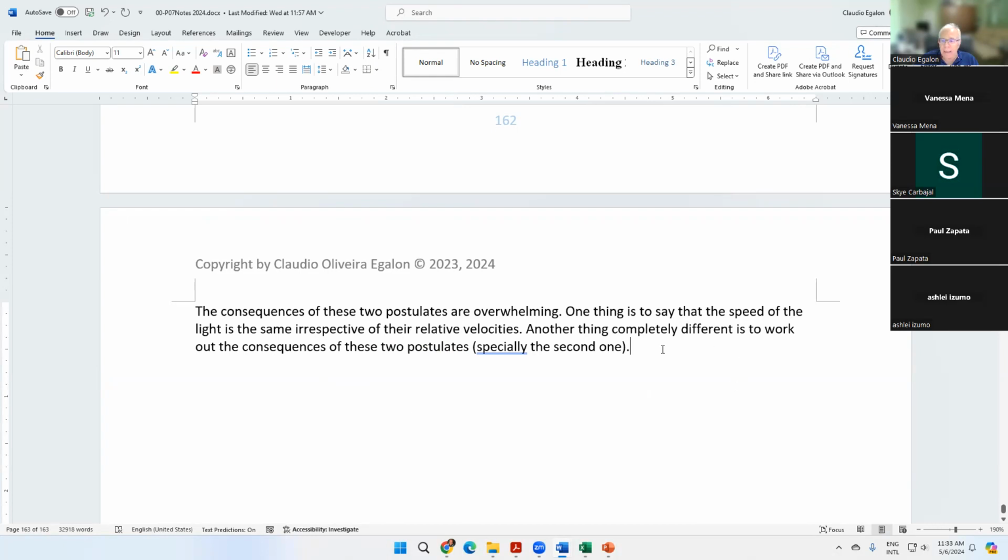I'm going to spell out some of the consequences of the second postulate, and then we are going to work out the mathematical proof based on this postulate, and on top of that, I'm going to provide you with experimental evidence of what actually happened, that something like that happens. Okay, so here you go.